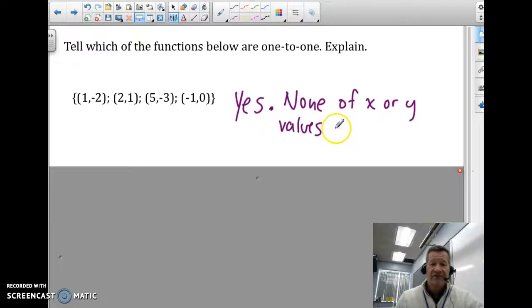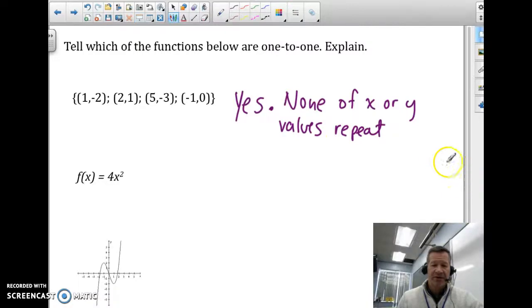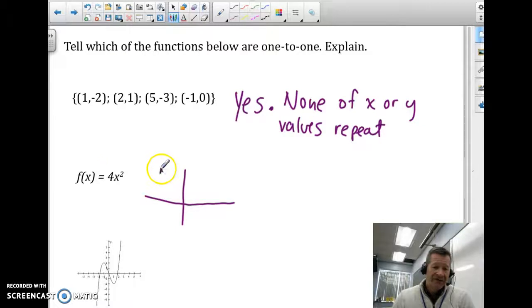Okay? If we would graph these points, which we're going to see shortly, let me just get rid of this. For example, let's say I took f of x as 4x squared. So I have an equation now. How can I tell if it's one-to-one if I have an equation? Well, 4x squared, we know what that graph looks like, or at least we should. It's a parabola, and specifically it's a parabola up whose vertex is at the origin. A little skinnier, it's dilated, it's stretched out a little bit because of that coefficient of 4, but that's what it looks like, okay?